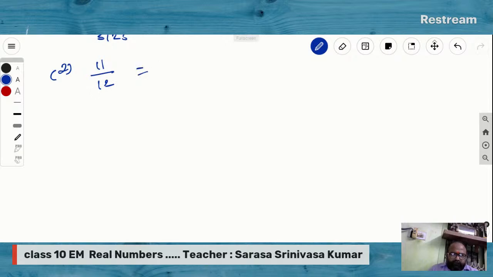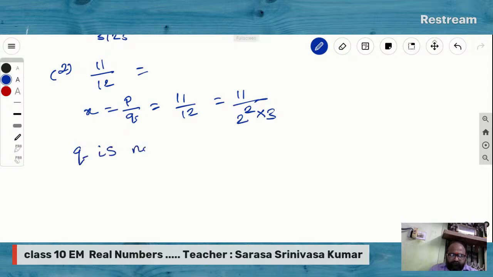So x equal to p by q equal to 11 by 12 equal to 11 by 2 square multiplied by 3. So q is not of the form 2 power n, 5 power m.